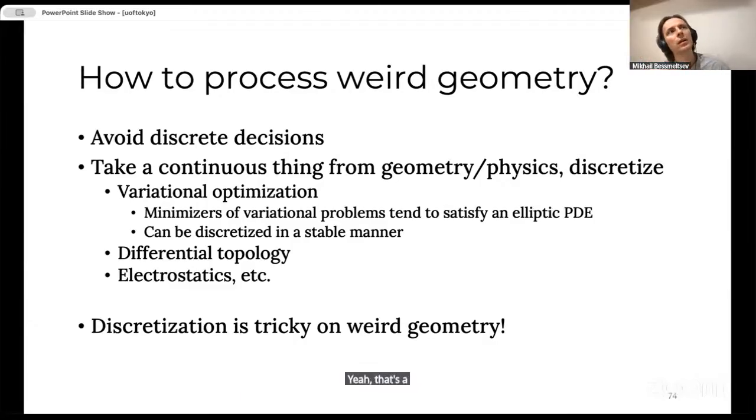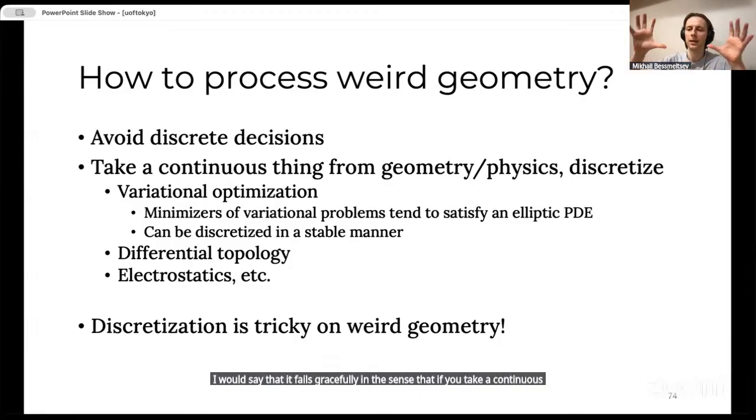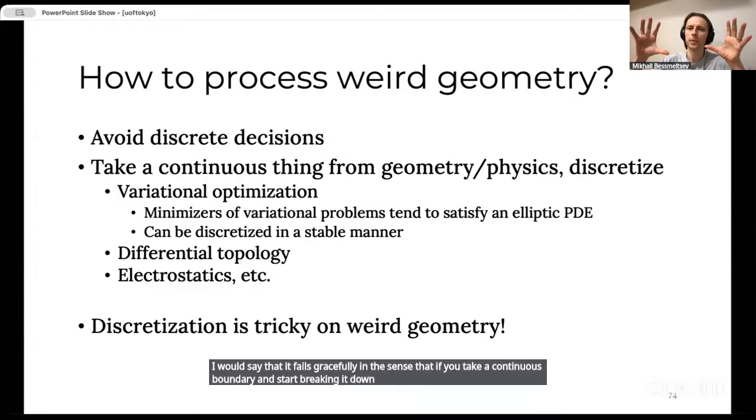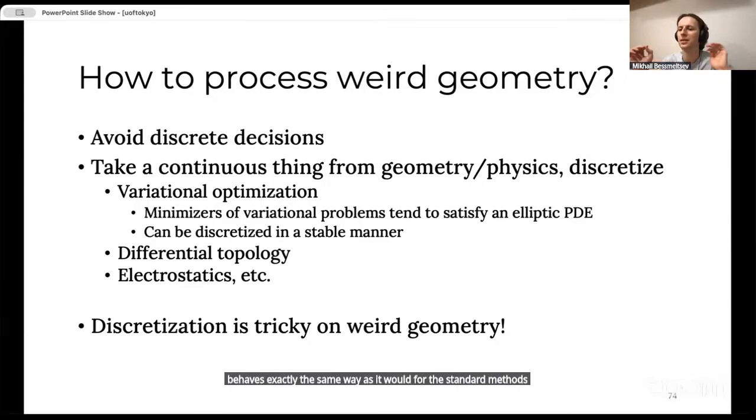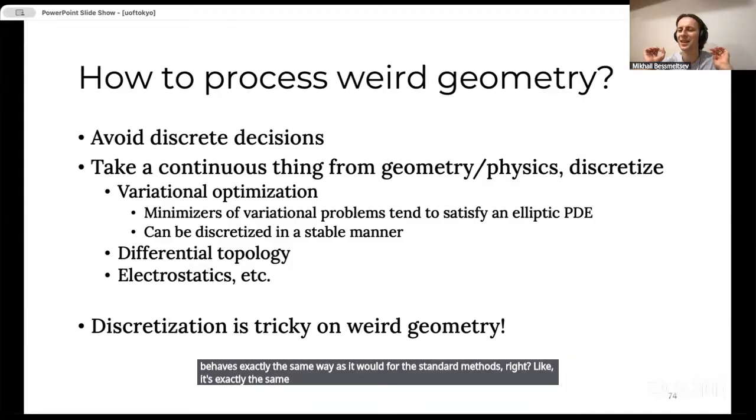I would say that it fails gracefully, in the sense that if you take a continuous boundary and start breaking it down, then your winding number behaves exactly the same way as it would for the standard methods, right? It's exactly the same value.